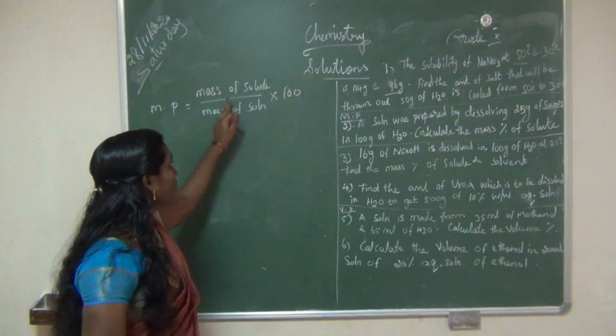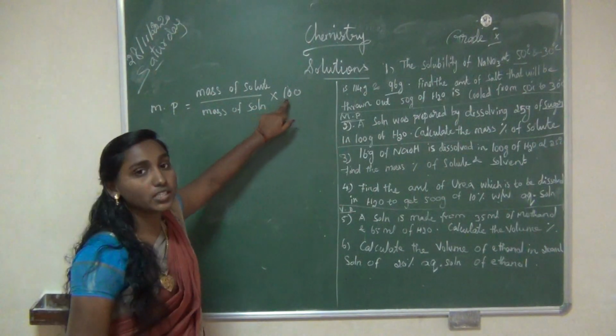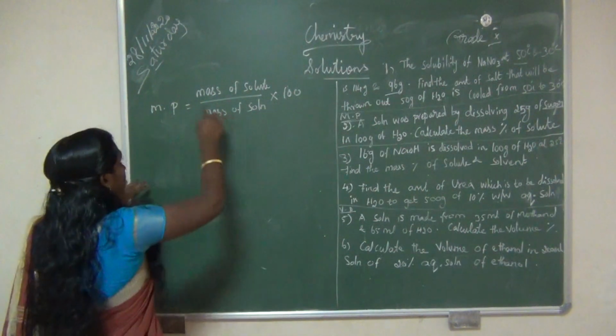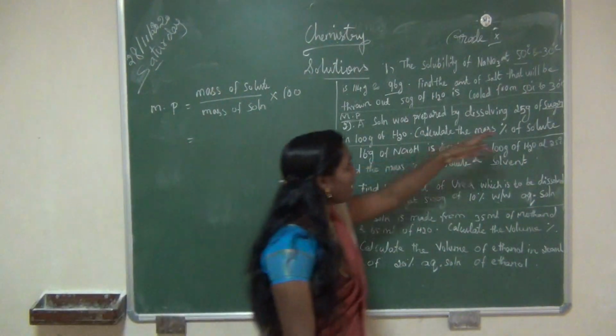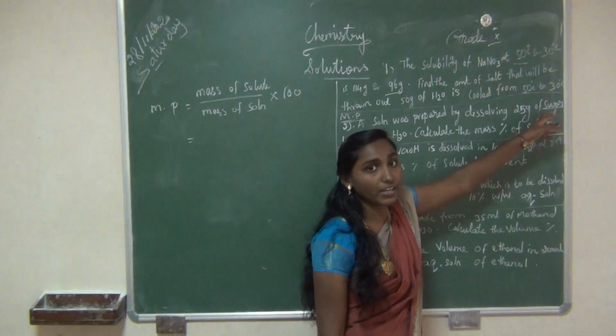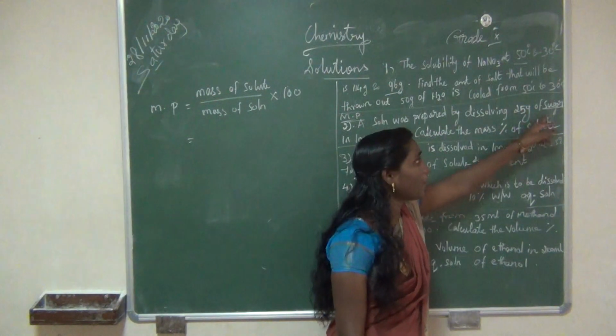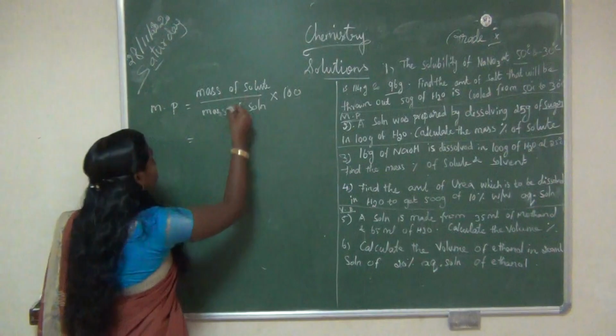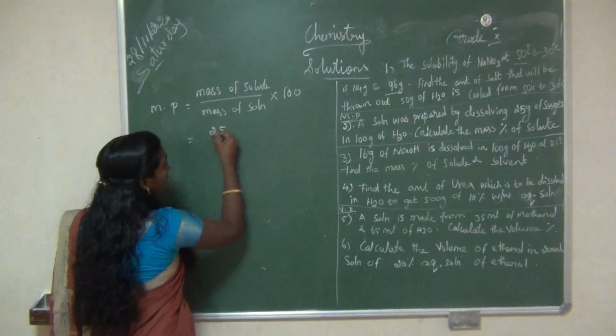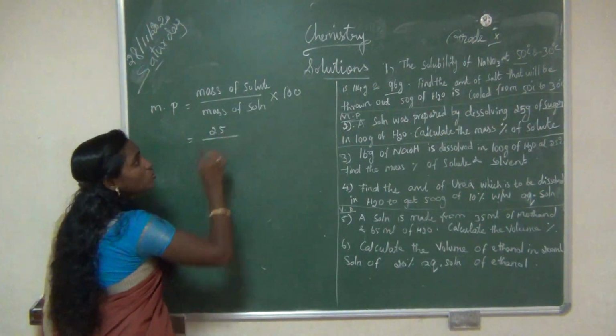How much gram is given in the question? 25 gram of sugar, and sugar is a solute, right? So 25 divided by mass of the solution.